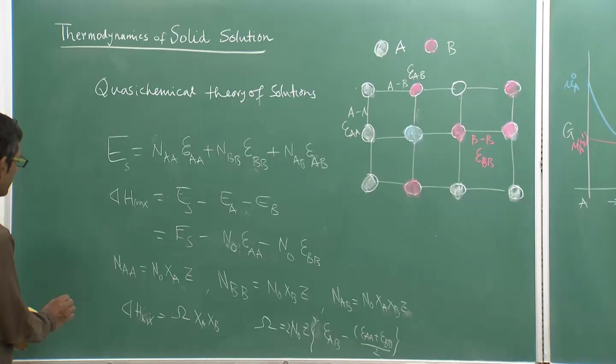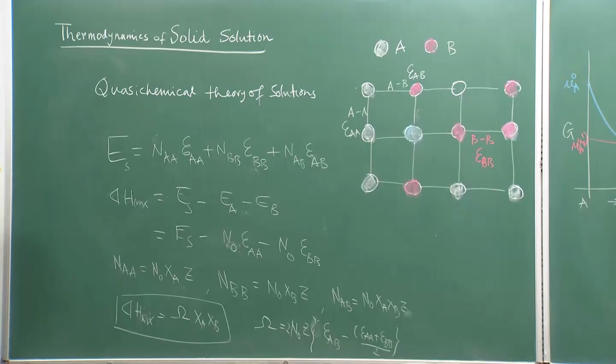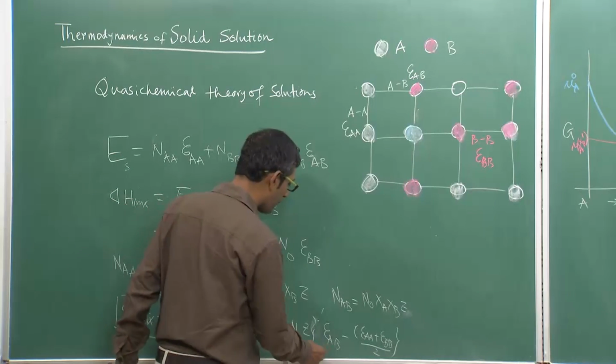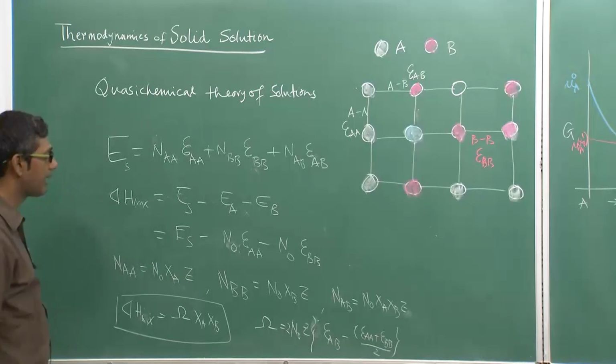Thus I get an expression of delta H mix like this. This value is completely dependent upon the bond energy differences between the AB bond and the AA and BB bonds.